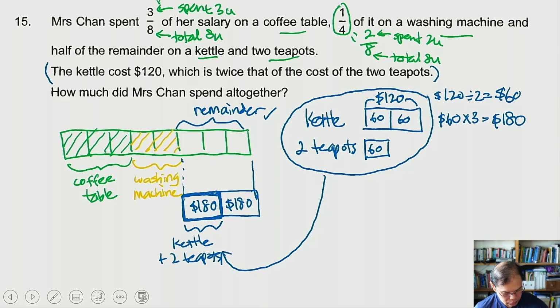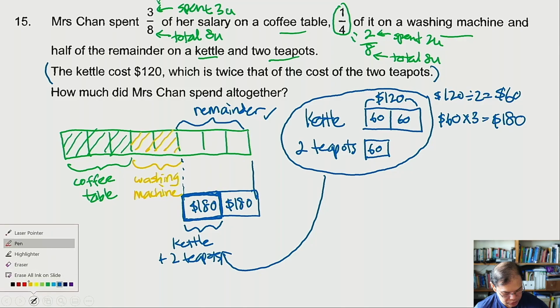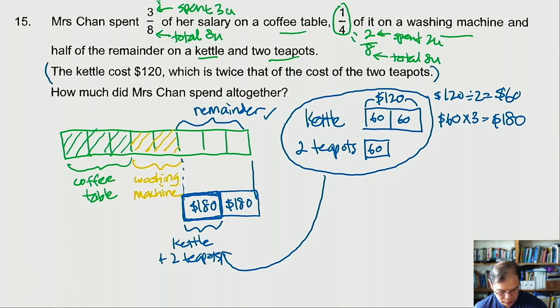Okay, so let's find out how much is the remainder. Okay, now remainder is 180 plus 180, or you can just write 180 times 2. So this is 360.